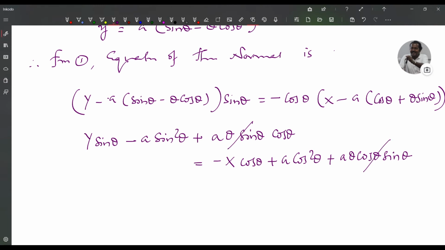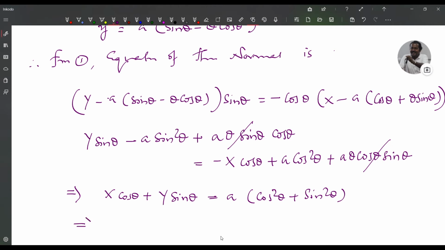Then on rearranging this, you will get x cos theta plus y sin theta equal to a into cos square theta plus sin square theta. This implies x cos theta plus y sin theta equal to a. So this is the equation of the normal at the point (x, y).